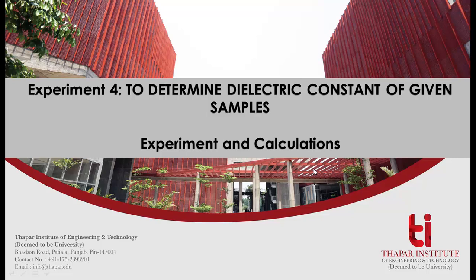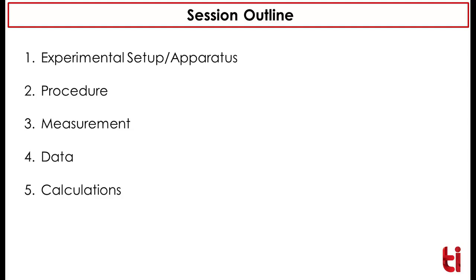In this video, we'll be learning about the experiment and calculations for determining the dielectric constant of the given samples. In the session, we'll be talking about the experiment setup or the apparatus which we are going to use for the measurements, the procedure for the measurement, the actual measurements which are undertaken, and the precautions that we need to take to ensure that there is no error in the measurement.